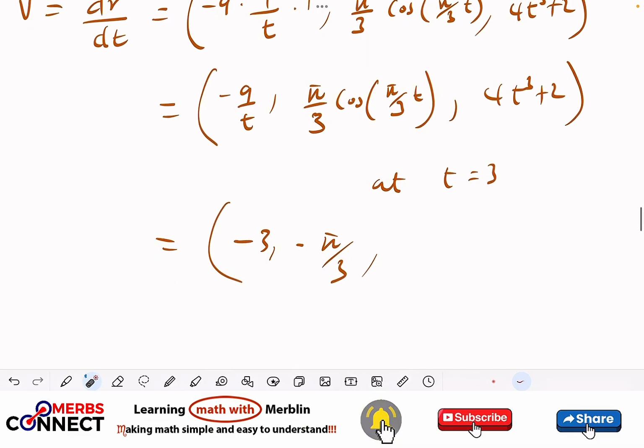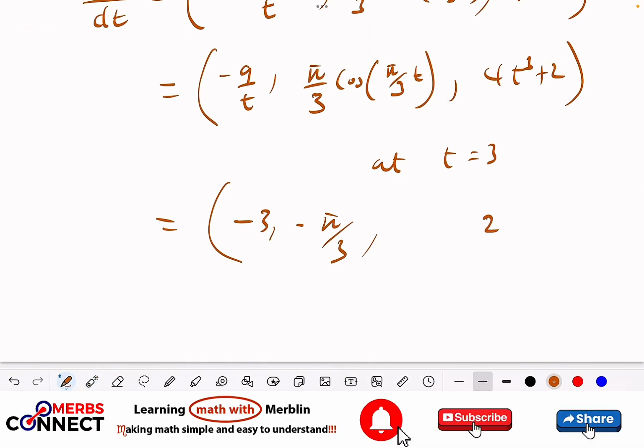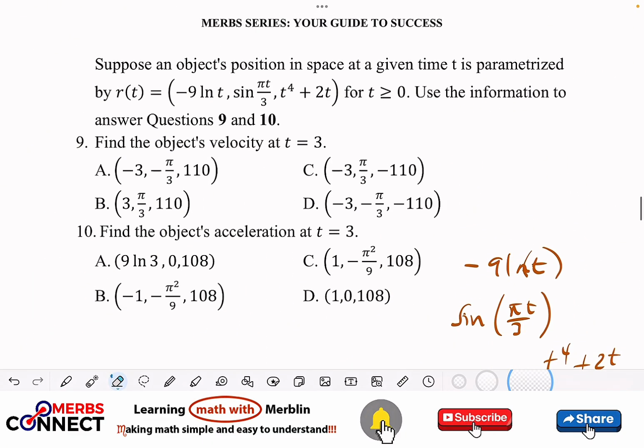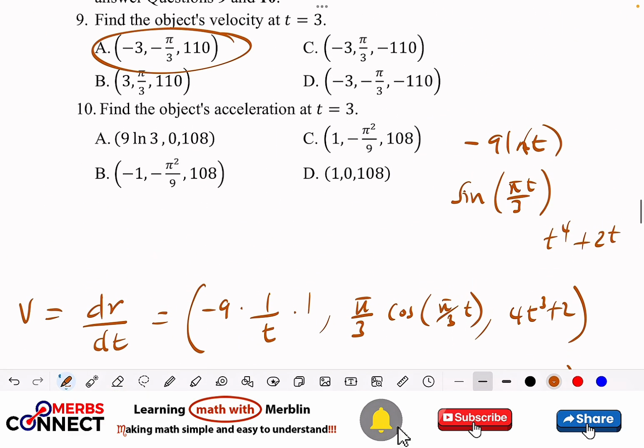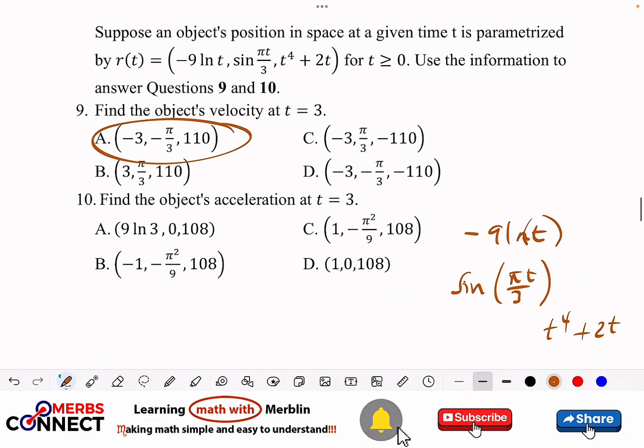I think so. Let me just do 27 times 4. 7 times 4 is 28, so I'll have 2 here. This is 8, then plus 2. So this is going to be 110. Good. So we have minus 3, minus pi on 3, and then this one. So you are going to choose A, minus 3, minus pi on 3, and 110.